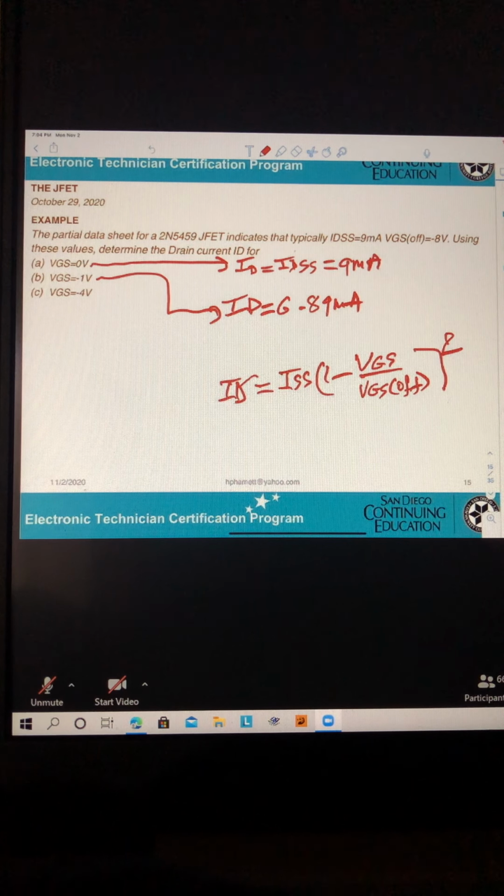IDSS is 9. And we get the last one. 1 minus negative 4 divided by negative 8. What am I doing wrong there?